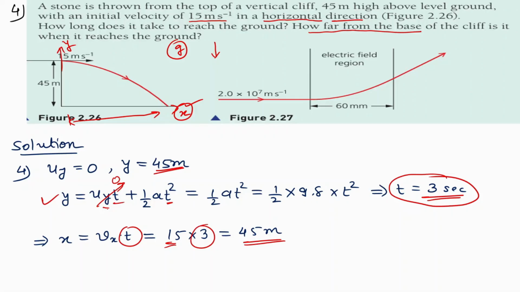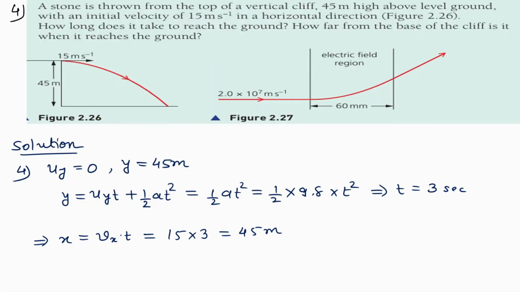So this is question number 4. I hope you understand this concept because this is a kind of projectile motion idea. This is a 2D motion, so you have to describe this motion in two ways: first in the x direction and second in the y direction.